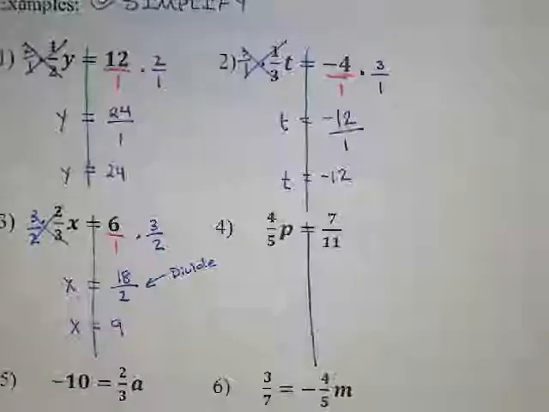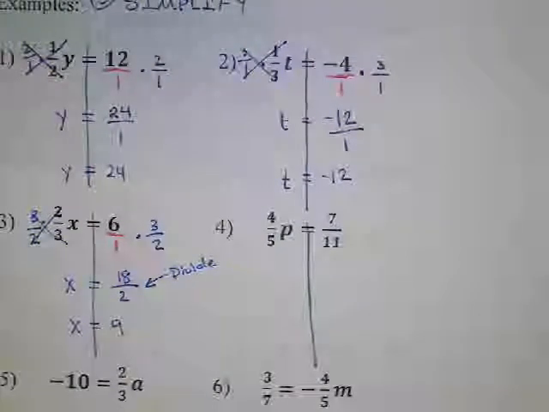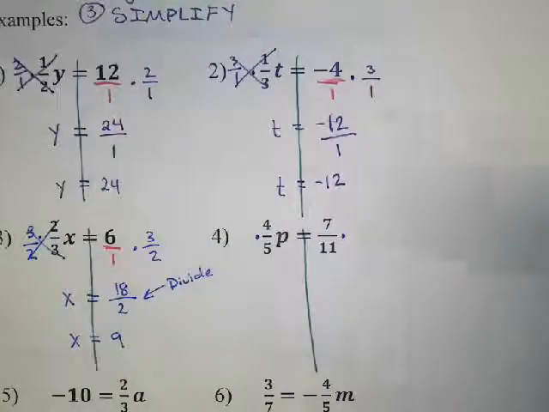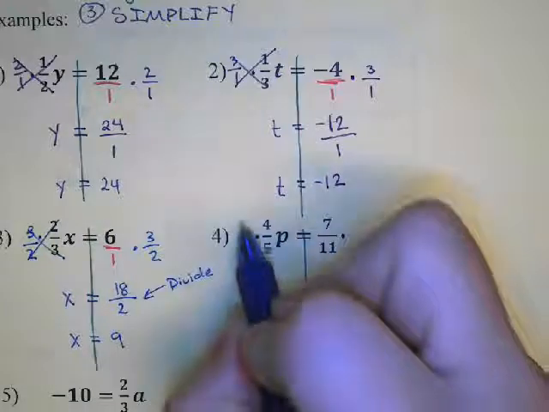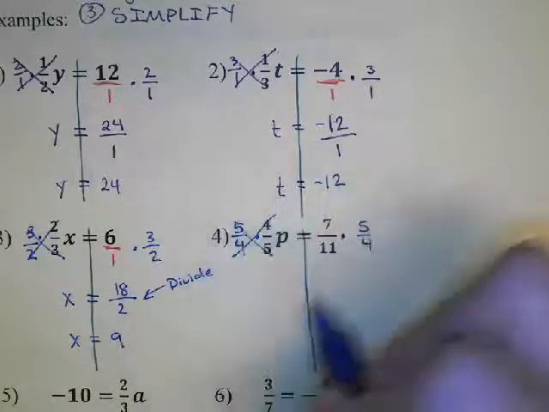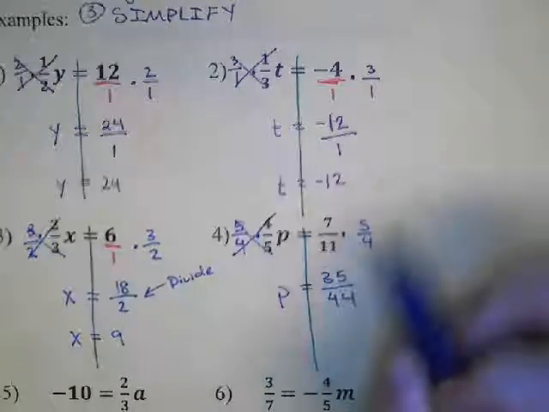And now we need to multiply both sides by the reciprocal, keeping our goal in mind. We want to get the p all by itself, so we will multiply both sides by 5 over 4, flipping 4 over 5. Those cancel, and we get p equals 35 over 44.